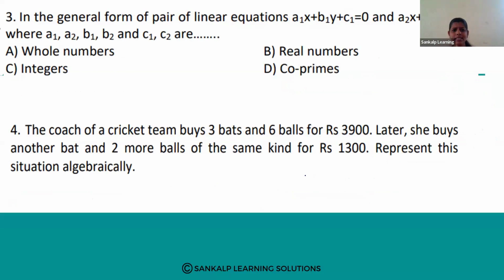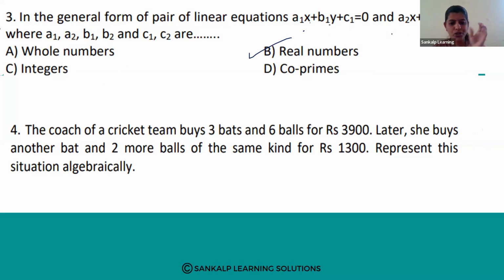Next, in the general form of a pair of linear equations, a1x plus b1y plus c1 equal to 0, a2x plus b2y plus c2 equal to 0, where a1, a2, b1, b2 and c1, c2 are, as I have already told you, all real numbers.